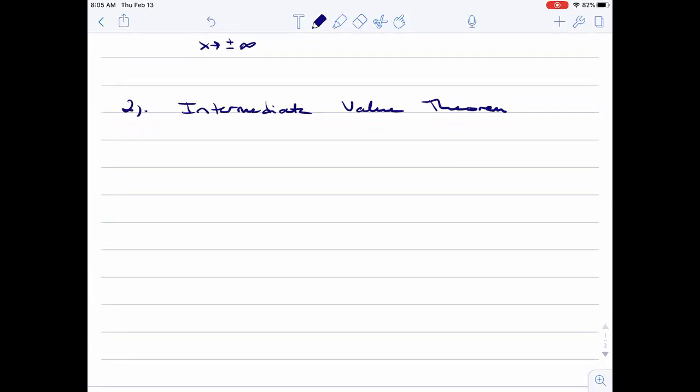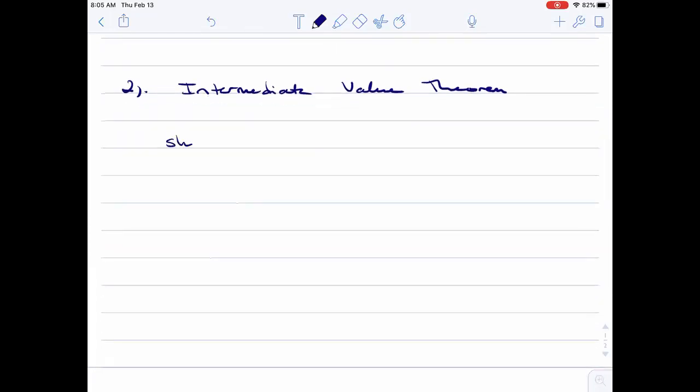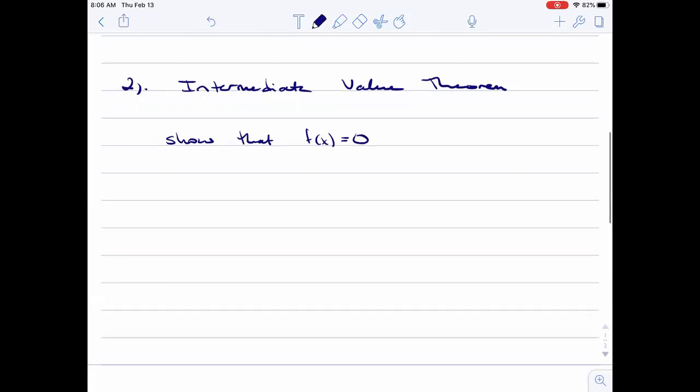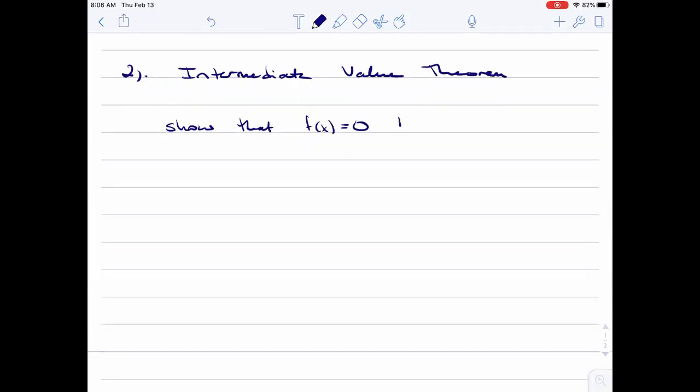If we want to show that this function crosses the x-axis, where the output is 0, then if we can figure out some input of x that gives a negative output and some input of x that gives a positive output, then by the intermediate value theorem, it has to cross and give a 0 output at some point between those 2 points. So we're going to show that f of x equals 0 has at least one solution.